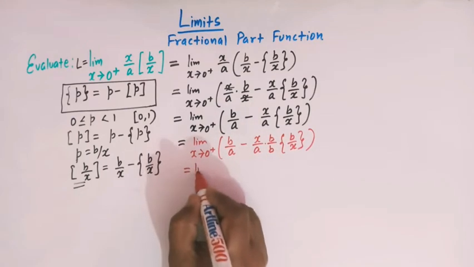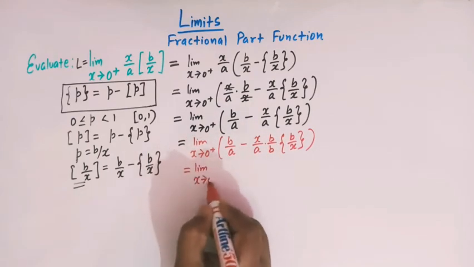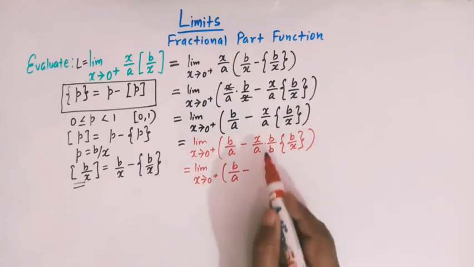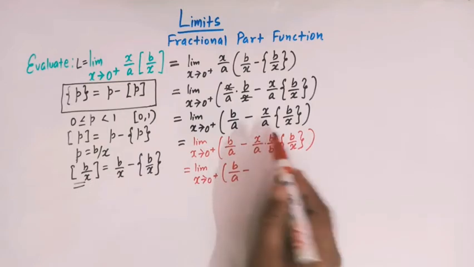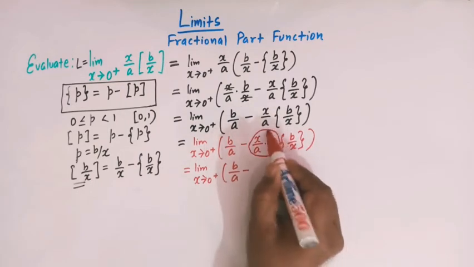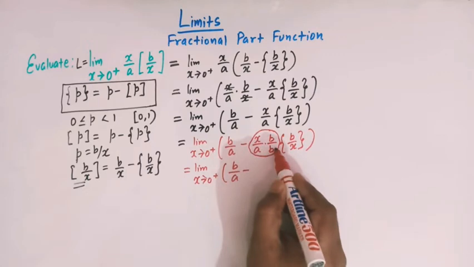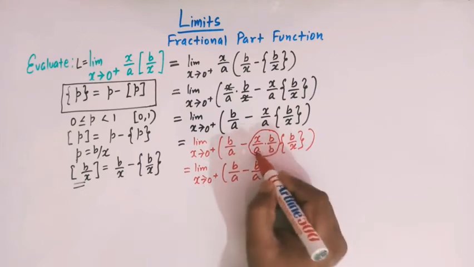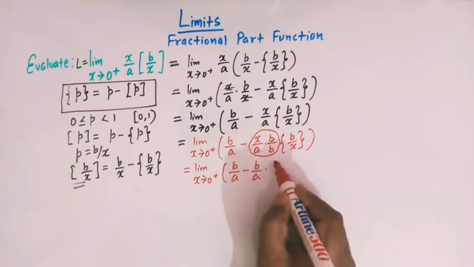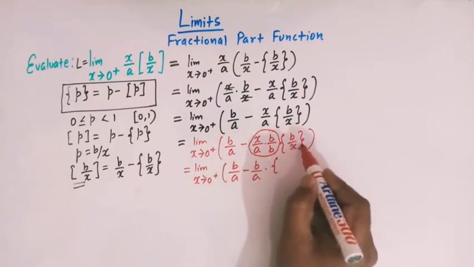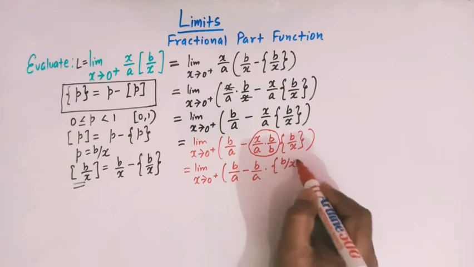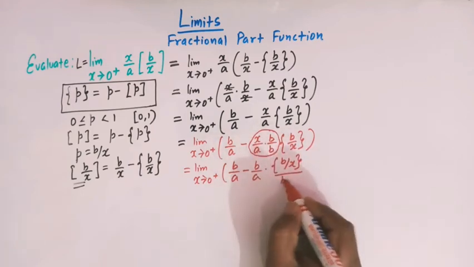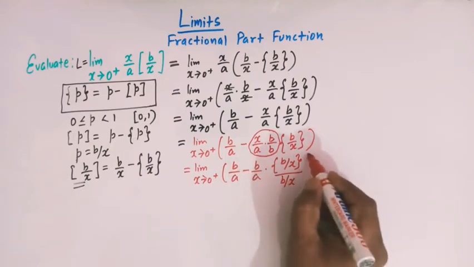So now we can write it as limit x tends to 0 positive of b over a minus, and now we can take x to the denominator of b, so we can write b over a times the fractional part of b over x, and now this x over b can be written like this, that is, b over x, right?